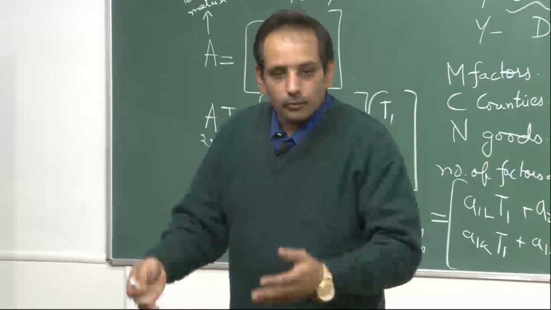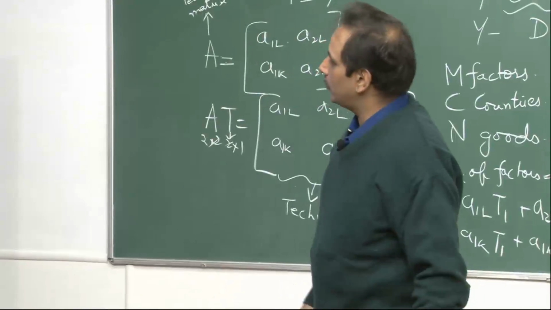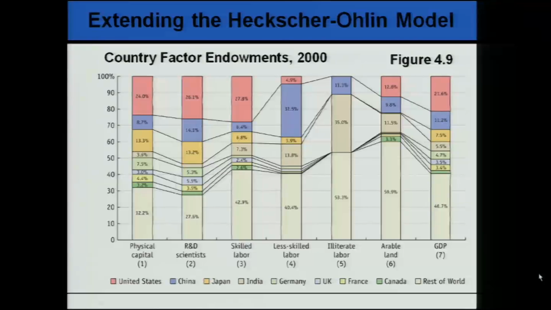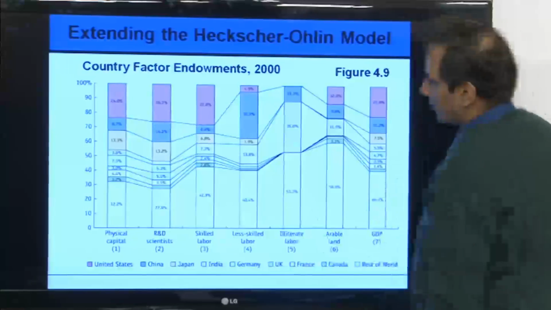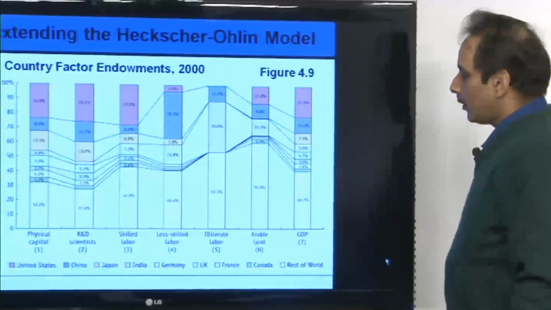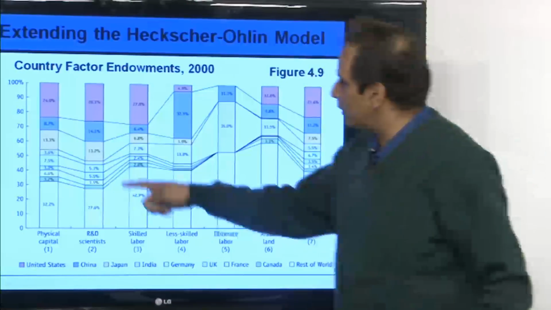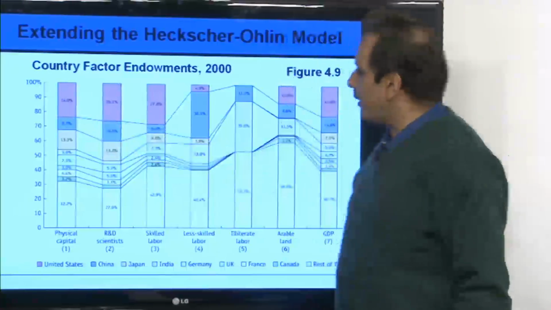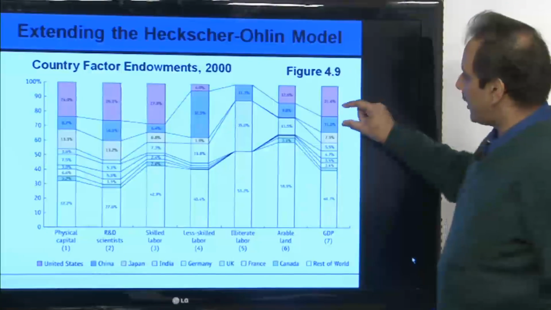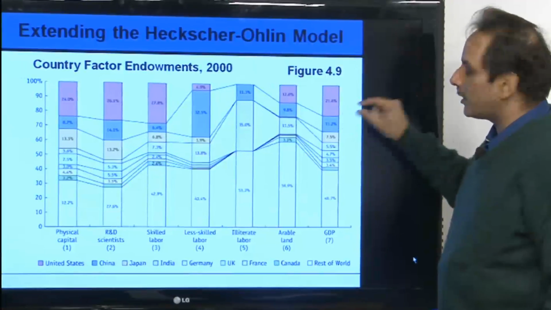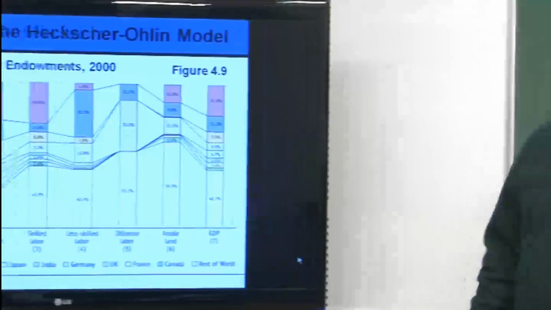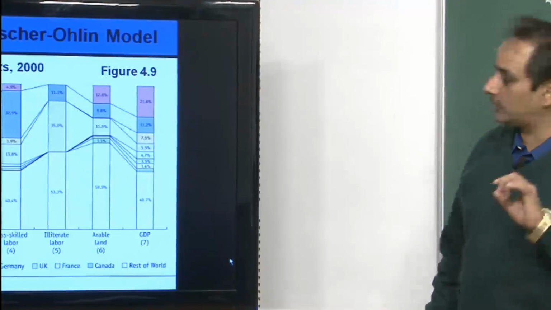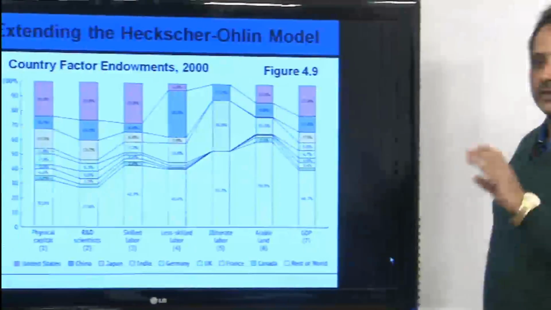When you have more than 2 factors, more than 2 countries and more than 2 goods, this is how you define factor abundance. For China, the ratio is say 8.7, but its GDP share is 11.2%. So, China is scarce in physical capital.